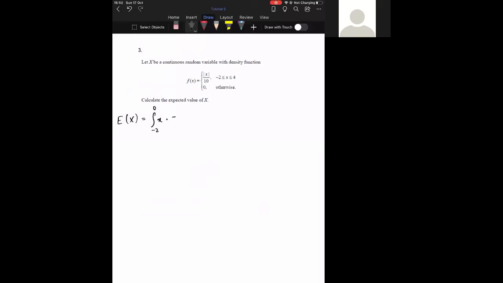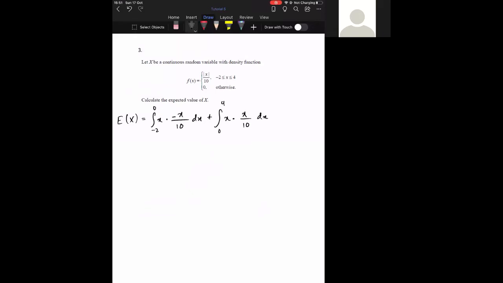So for the negative limits, we'll have minus x over 10 dx, plus the integral from 0 to 4 of x times x over 10. Now we have positive limits, so no need to add the negative sign, dx.